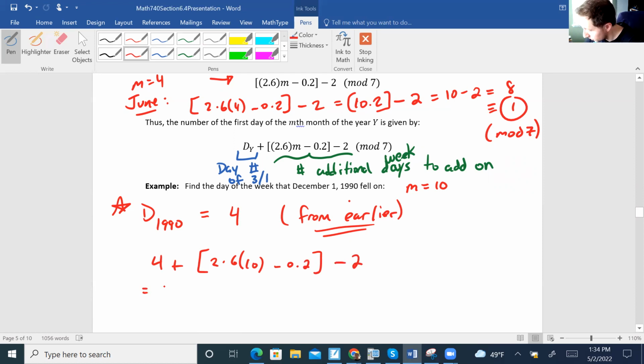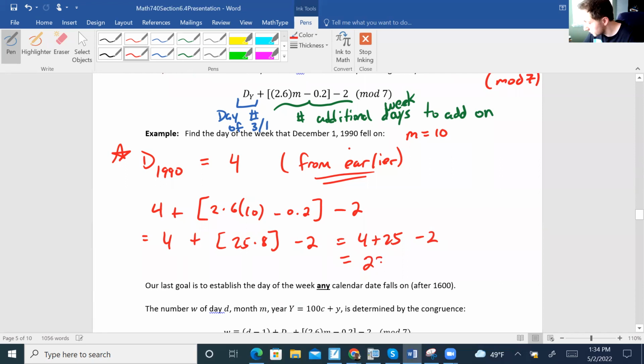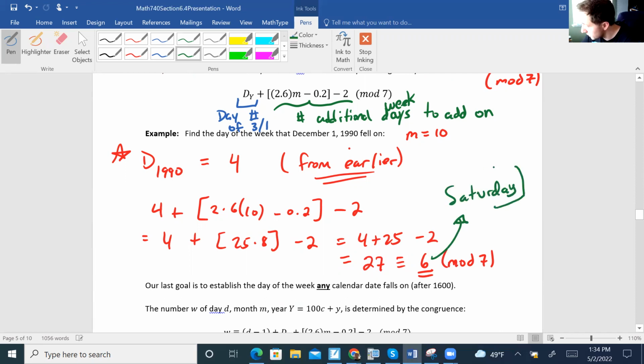So I end up with 4 plus, if you do the math, 25.8 inside the greatest integer function, minus 2. 4 plus the floor, 25, minus 2 gives me 27. And everything is modulo 7, so this is congruent to 6 mod 7. If we think of Sunday as day 0, 6 would be almost a week later, on Saturday. There's that chart for reference on page 1, if you want to take a look at that.